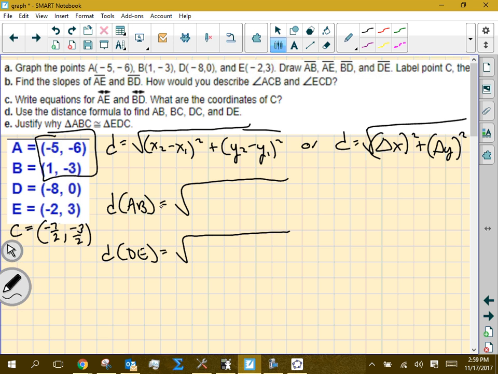What's negative 5 minus 1? Negative 6. If you square that, you get 36. Now I'm going to go negative 6 minus negative 3. Negative 6 minus negative 3 would just be 3, right? Or actually, it would be negative 3. But when you square that, you get 9. So that's going to add together, give me a radical 45, right?